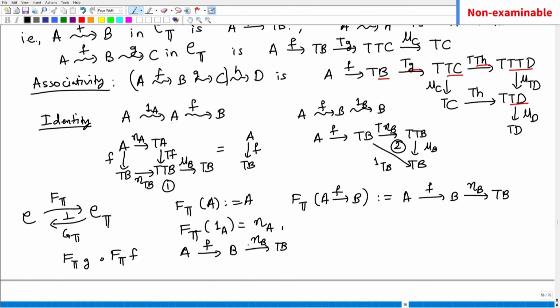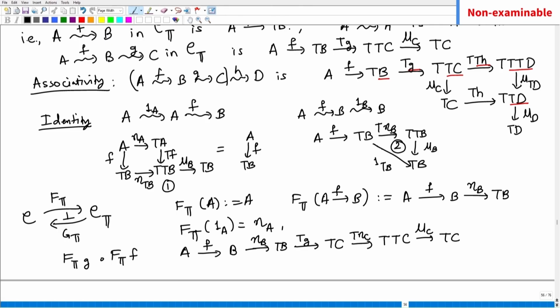Then we have to compose in category CT. What does that mean? You take the same thing but apply T to everything. So this will be TG from TB to TC, and then T eta C to TTC, and then finally TC, and this will be mu C. That's our composition.